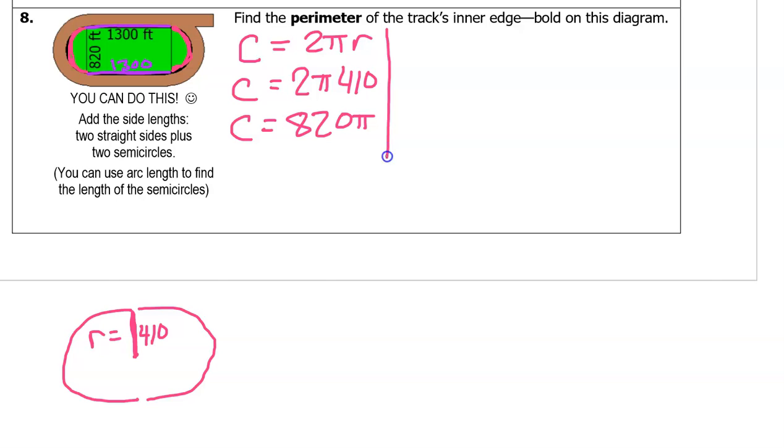So the perimeter, which I will just write P for perimeter, is going to be the sum of the straight parts and the circumference.